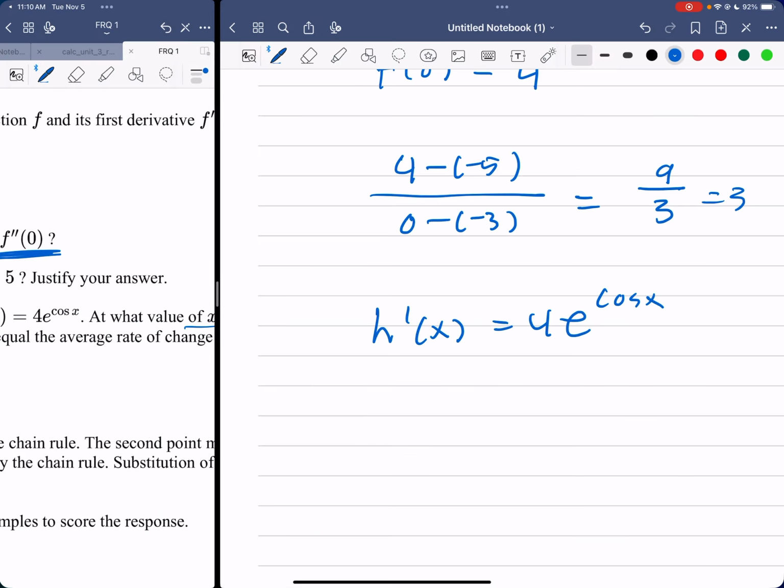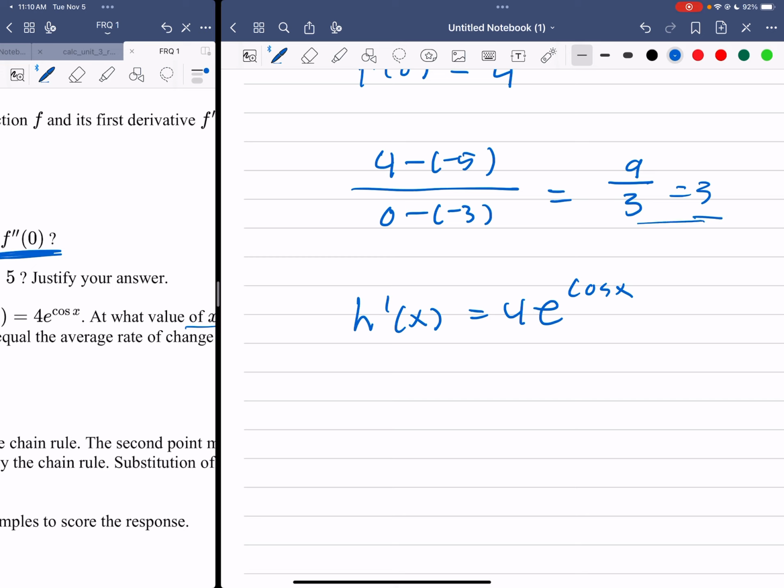So they are equal to each other, which means 3 is equal to this. And I don't know the answer by hand. The only thing you have to do is use the calculator, menu 4-1. Wait, is it menu 4-1? No, menu 3-1. And solve.